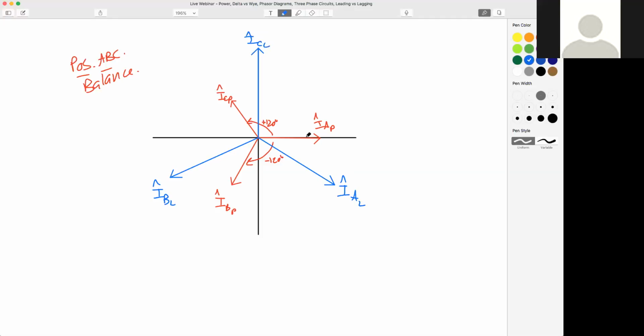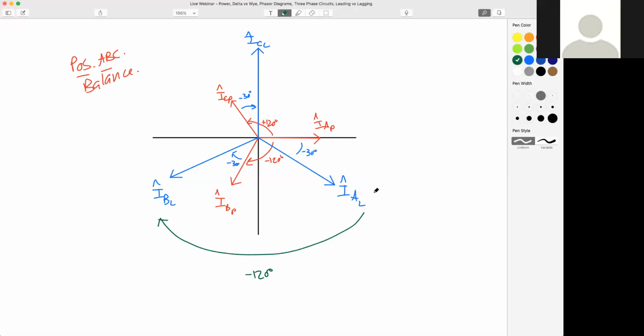So we know that we lag by 30 degrees, right? And we know that each of our line currents are also going to be 120 degrees apart. So from A line to B line current, we have minus 120 degrees.